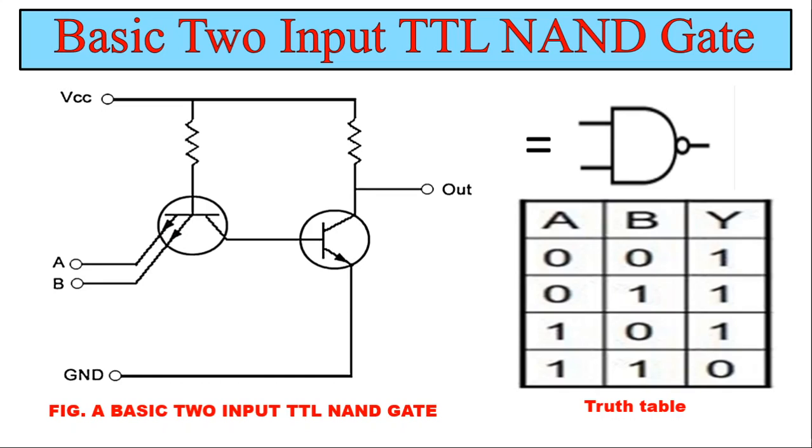If you observe the figure, there are two transistor stages in the circuit: a multi-emitter input transistor and an output transistor.